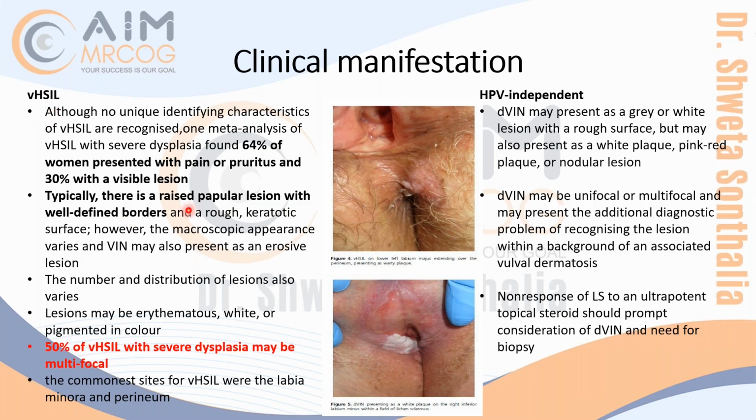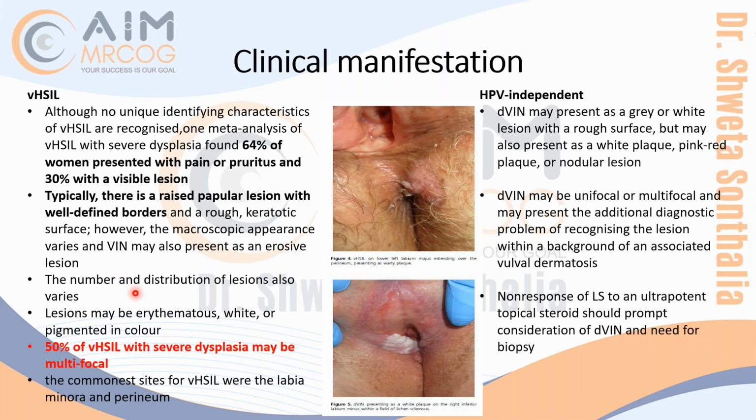Usually the HPV associated lesion will present as a raised papillary lesion with a well-defined border. So if you see, it has a well-defined border, and it's like a papule, with a rough keratotic surface, though sometimes it could be erosive as well. The number and distribution can vary.